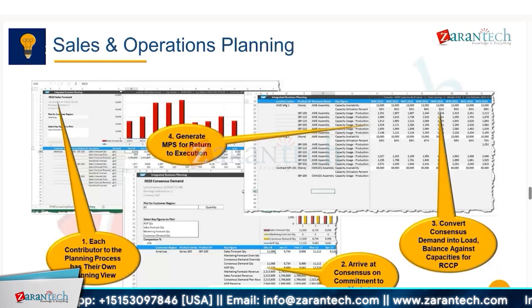Then, in the first step, the sales forecast is entered by the commercial team, reviewed by their respective managers, and finally given to supply chain, although supply chain has visibility at all times of what's going on in the IBP forecasting tool.